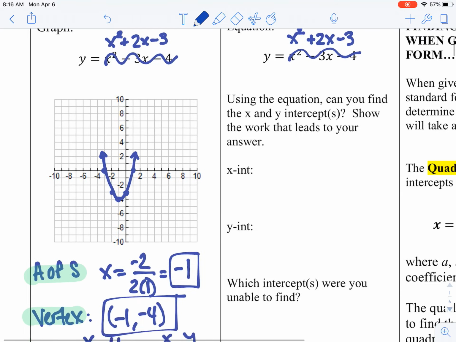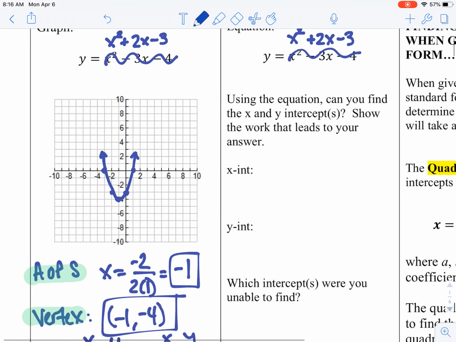Now this plus or minus here is going to give us 2 answers. So we have x equals negative 2 plus 4 divided by 2, and x equals negative 2 minus 4 divided by 2. So this plus or minus gives us these 2 different answers. Now we're going to solve. We have 2 over 2 equals 1, and x equals negative 6 over 2, which equals negative 3.